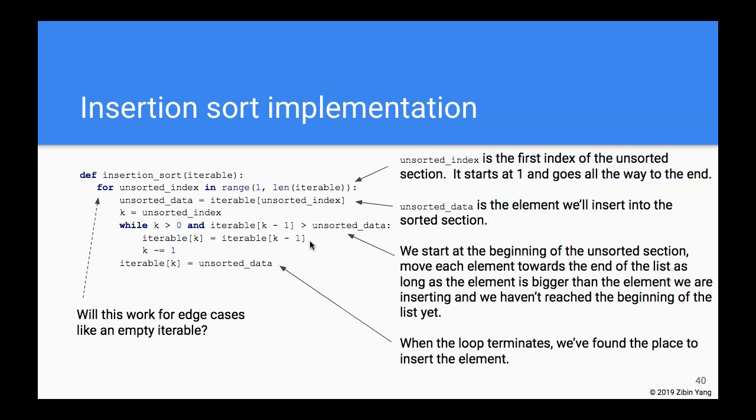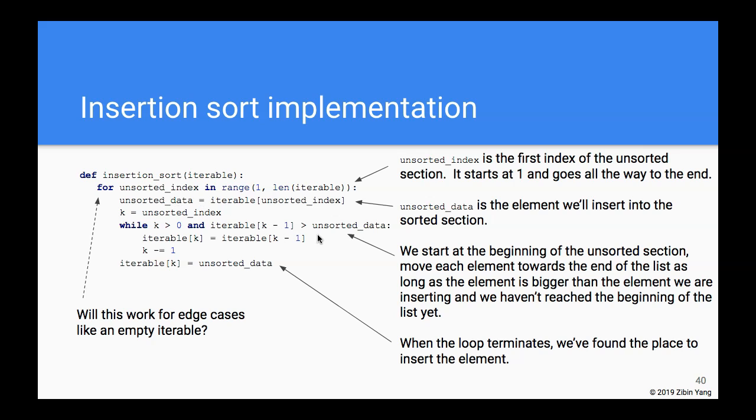As I said, k travels towards the beginning, and that's why we do k -= 1 here. We decrement it by 1 each time. And how long do we stay in the loop here? As long as k is not yet at the beginning of the list, and as long as the k minus 1 element is bigger than the data we're trying to insert into the sorted portion.